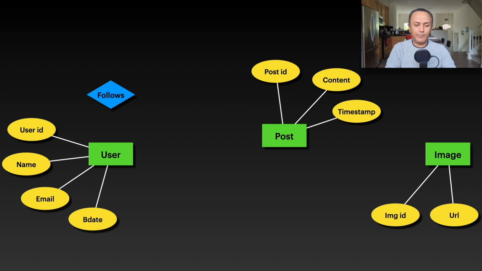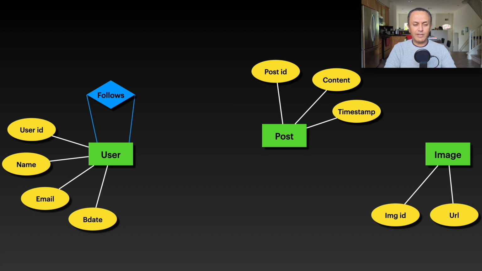So this means that the participation from the follower side is partial participation. Now, from the followee side, does every user need to be followed by someone? That's also not necessary. There could be a user that is not followed by anyone. So participation from the followee side is also partial. So partial participation, we represent that as a single line.